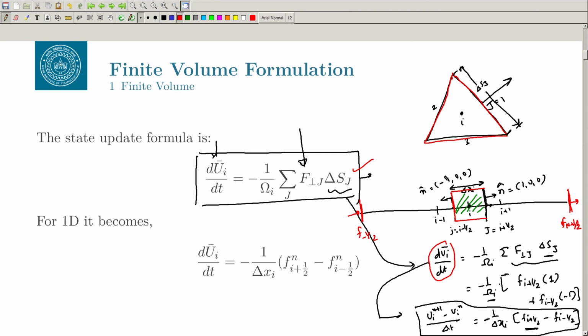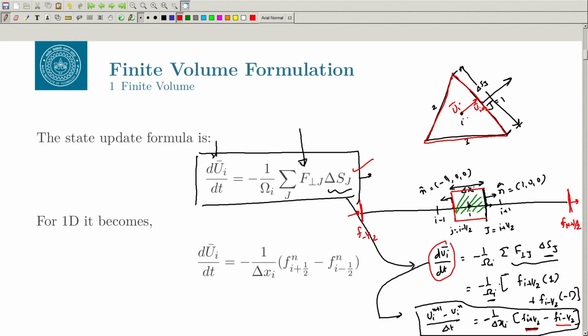Now, the challenge that we had was how to calculate this f I plus half and f I minus half at the interface. And what we said is that in the cell we assume a linear variation. So, if this is the cell and things are changing linearly here, if this is my u bar I and I want to calculate what is u bar I plus half, maybe in that direction, u bar j you can call it there in 2D.